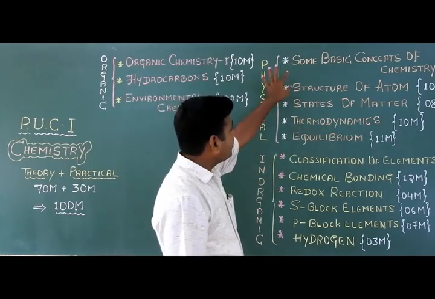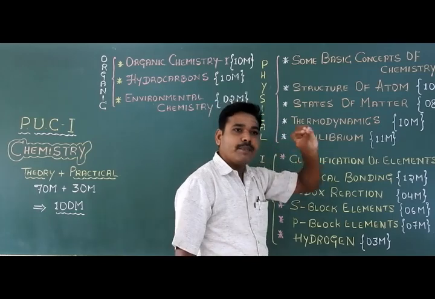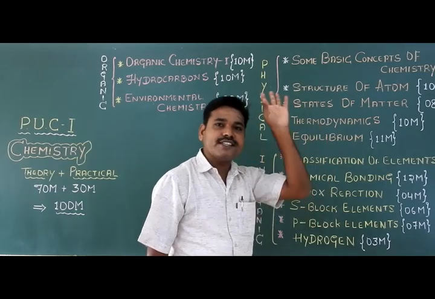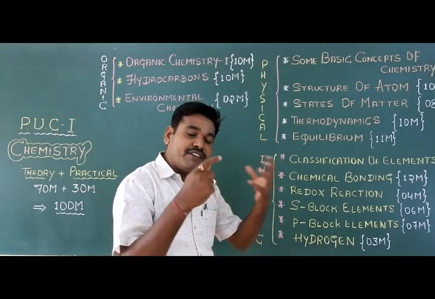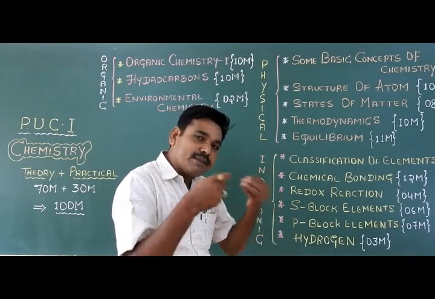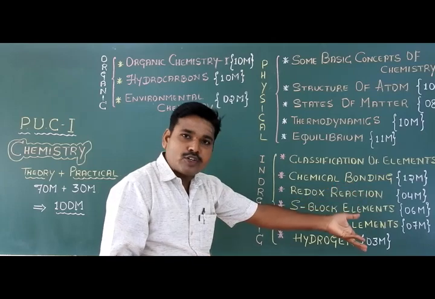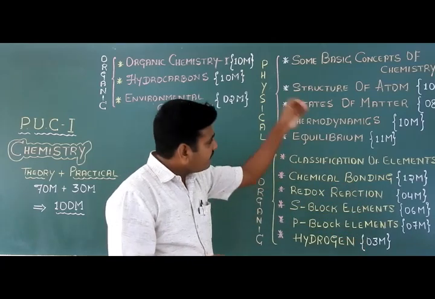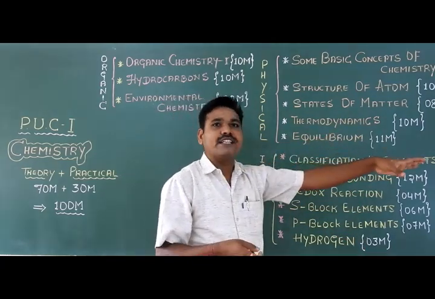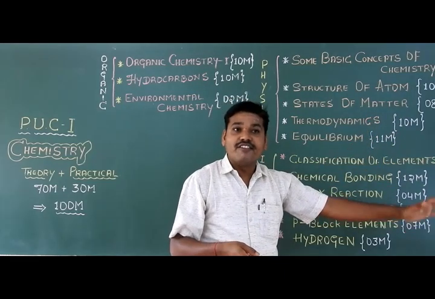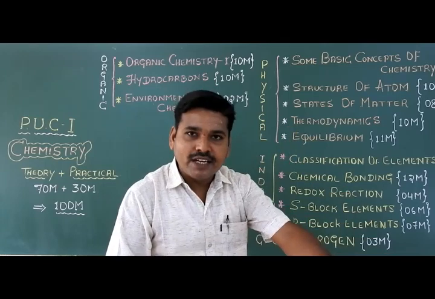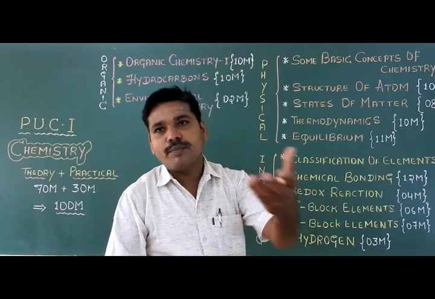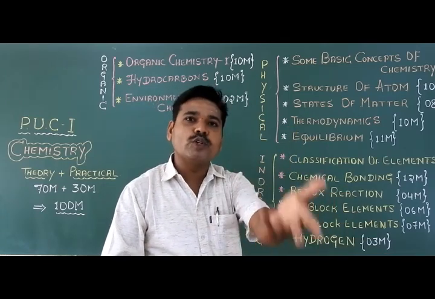See, the name itself indicates that most of the basic terms and terminologies come under Some Basic Concepts of Chemistry. We already discussed the basic terms and terminologies in the bridge course too. Once again in this chapter the same terms come: classification of matter, physical and chemical classification of matter, concept of atom, element, compound, mixture, atomic mass, molecular mass.